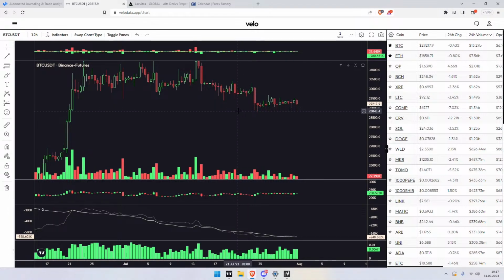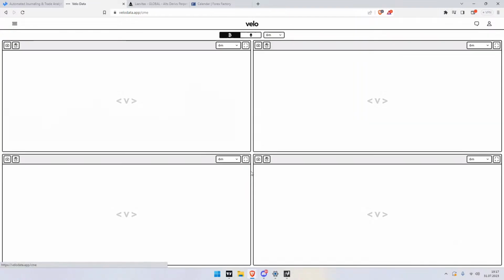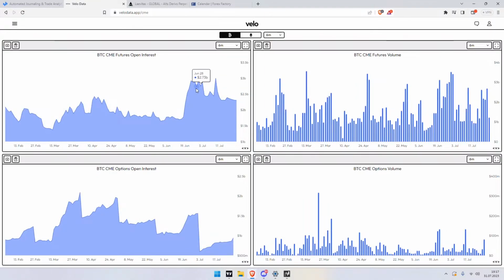But one thing is interesting, since we're already here shilling Velo. In the top left menu, if you go to CME, this would be the traditional, the suits betting on the move up on, I believe it was June 13th, the BlackRock spot ETF application announcement, and then you've seen elevated volumes, and now it's slightly diminishing, I guess. It seems like there was a bunch of open interest, and they seem to be holding most of it.